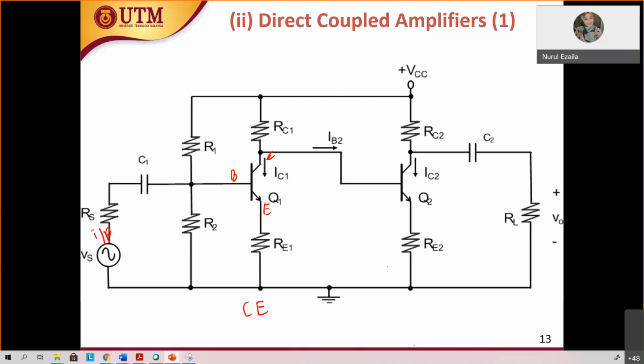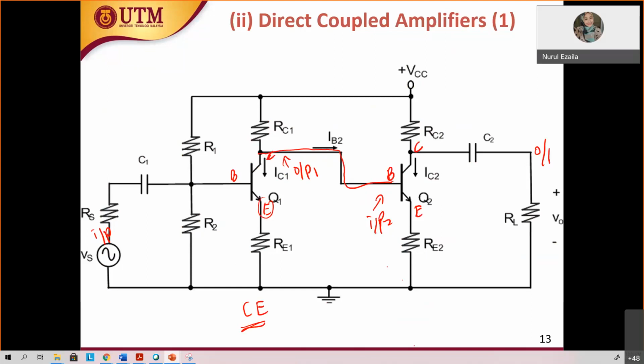It's the collector that is connected to the input. So this is the input 2, and this is the output 1. What's left? Emitter. Therefore, this is common emitter. So input 2 is at base. Output 2 is where? At collector or emitter?